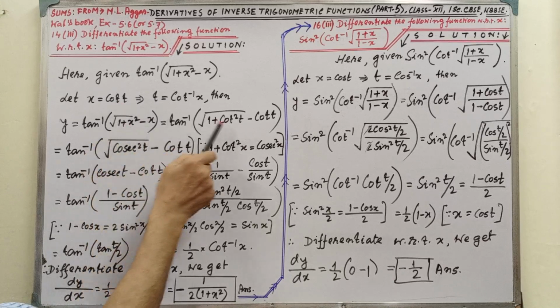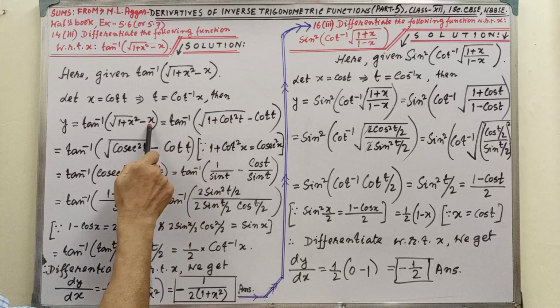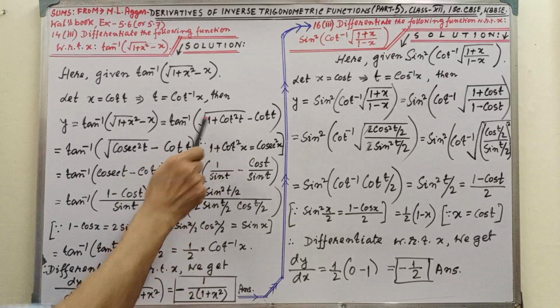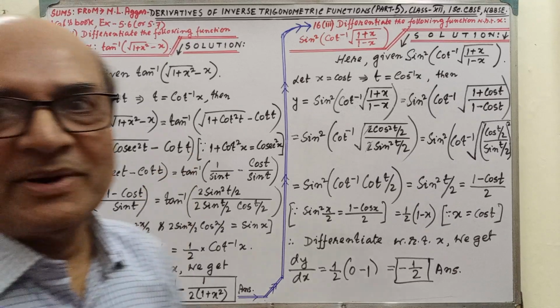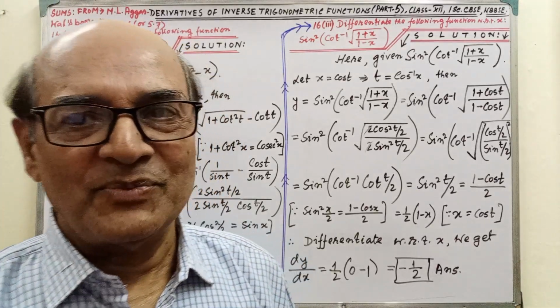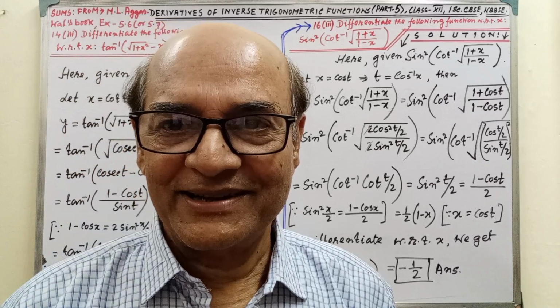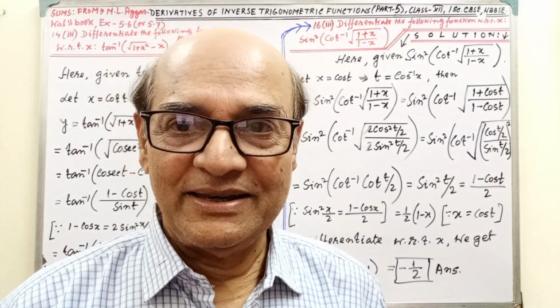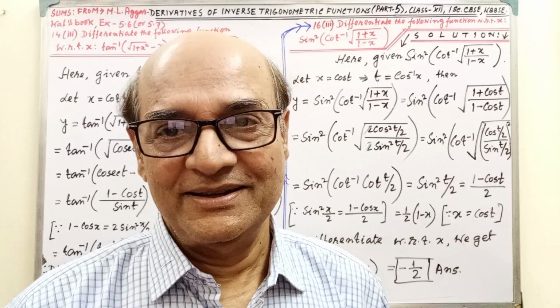So here is x square, so cot square t, and here is x, so cot t. Now 1 plus cot square t, that is in the frame of a formula you have learned at class 9: 1 plus cot square theta equal to cosec square theta.